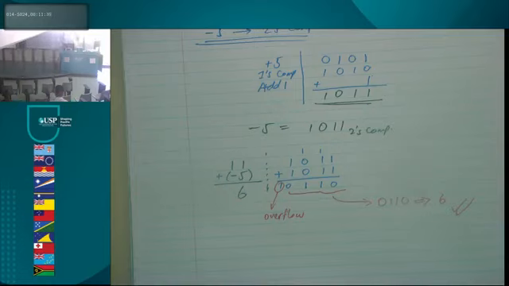So when you have your calculator and it's doing some subtraction or division, it's using a 2's complement system. All right, let's look at another example. Let's do 25 minus 18.